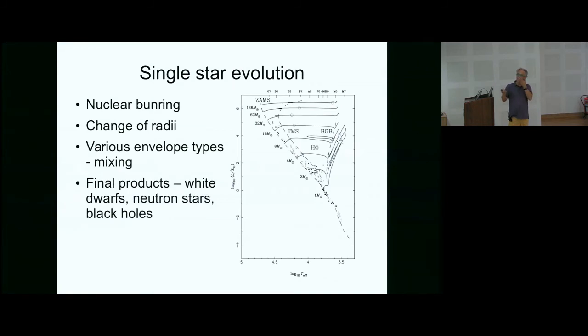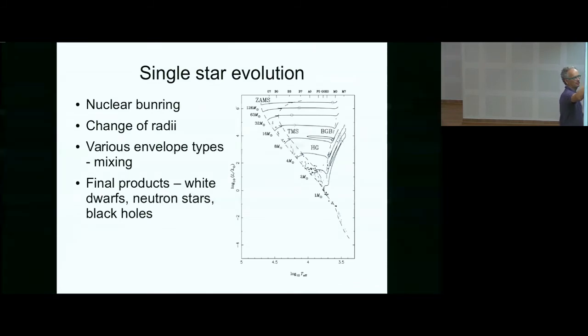And from this diagram, you can also infer the evolution of the radii of the stars, because we have the relation that the luminosity is the surface area times sigma T to the 4th. So if we have the temperature and the luminosity, we can infer the radius of the star.